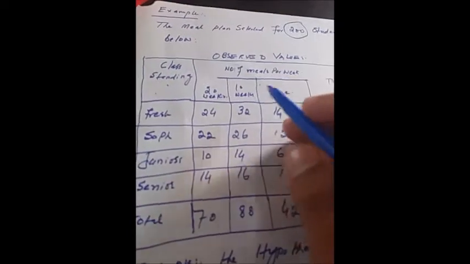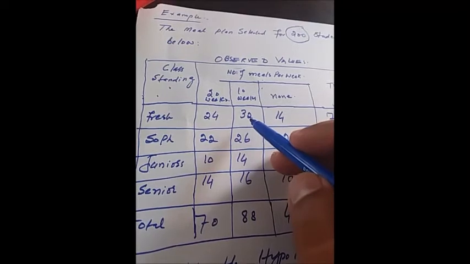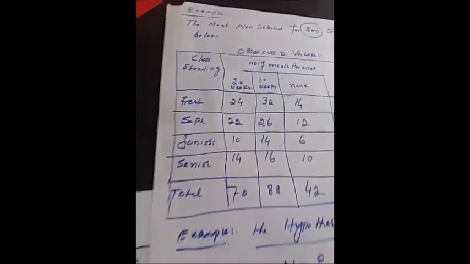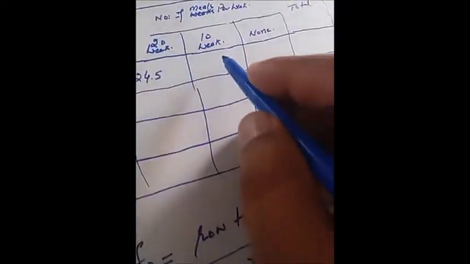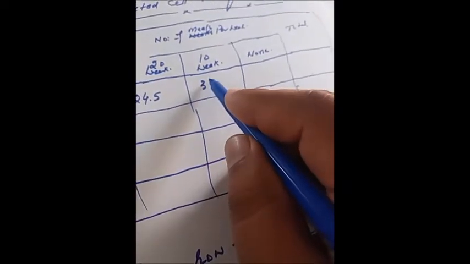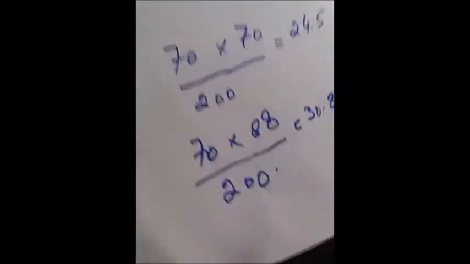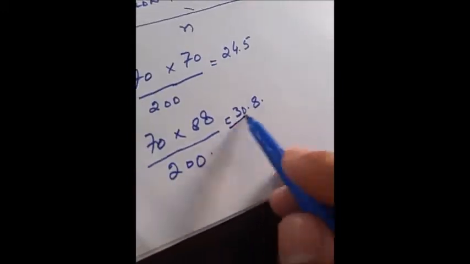We have the observed value 32 for freshmen for 10 weeks, and the expected value for 10 weeks is 30.8.